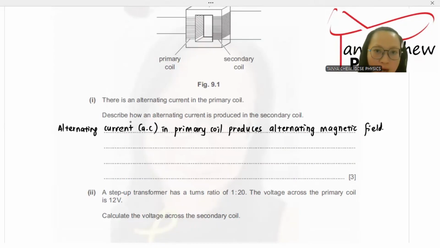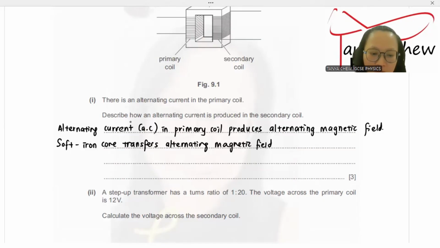So the soft iron core transfers the alternating magnetic field to the secondary coil.